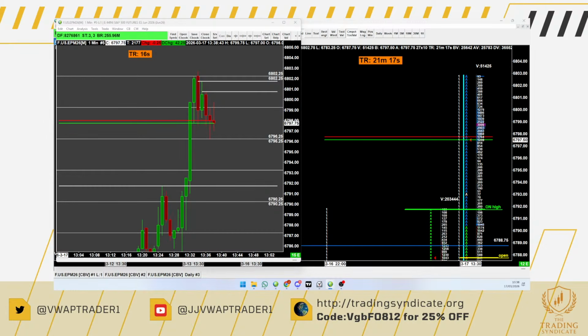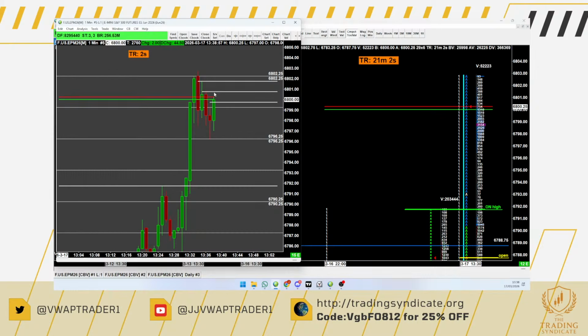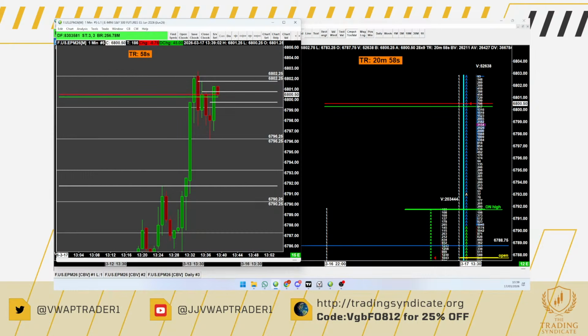So if you're fading that move, say you're short 97, your warning level, danger zone's just under 6,800. And if it starts taking out the top of that candle and going up, there, see? That's what I was afraid of.